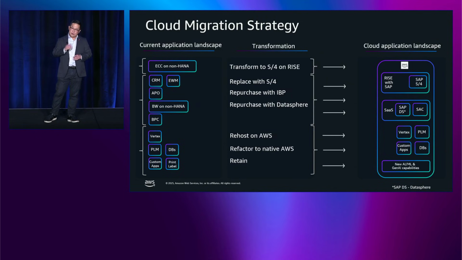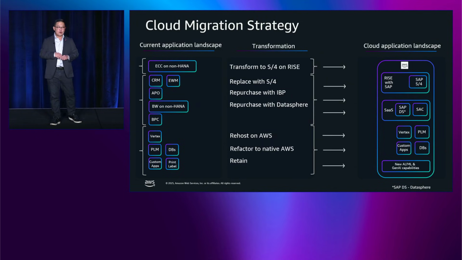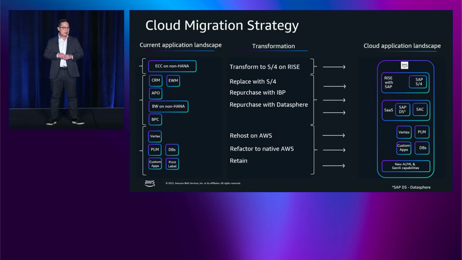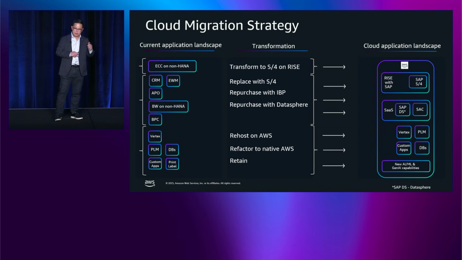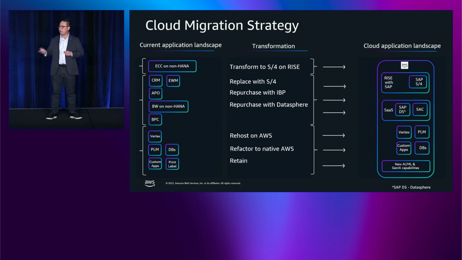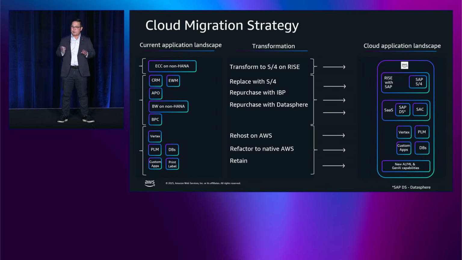With those non-SAP workload migrations, there are additional things you want to consider, the 7 R's of migration strategies. And these would be rehost, relocate, replatform, refactor, repurchase, maybe retain, or even retire. So I'm going to give you a little bit of an example of what I mean by the 7 R's.